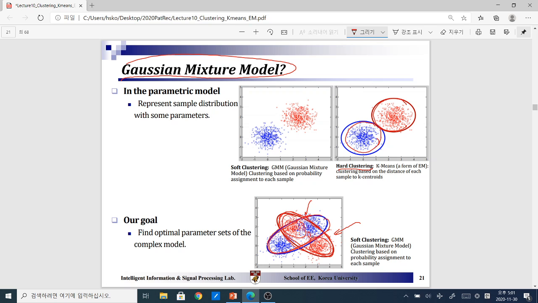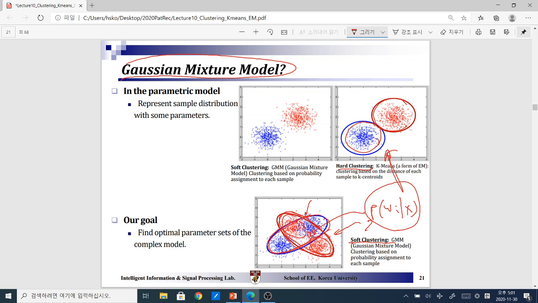So instead of a hard clustering, like the way we've done with k-means, which would be a very good application for samples that are pretty much linearly separated already, in this case, instead of saying that the sample belongs to cluster 1 or cluster 2, we could say the probability that the sample belongs to a cluster is certain.